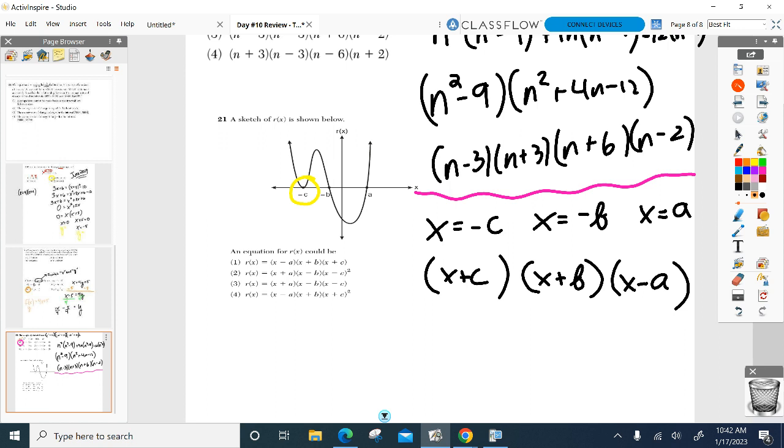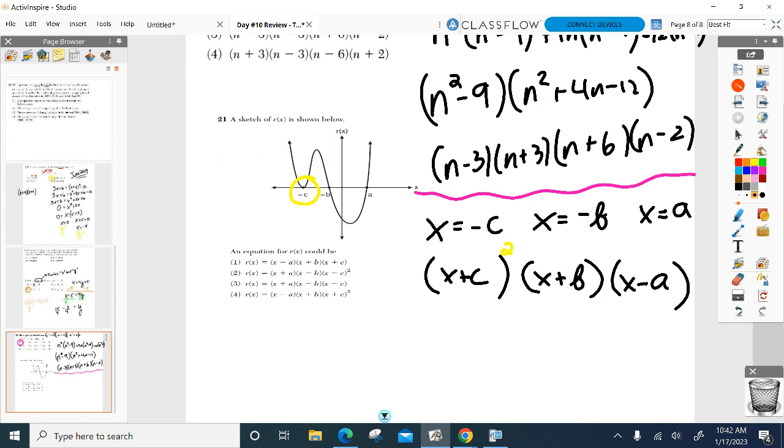So why am I telling you that? If it occurs twice, I'm going to have squared here. When the graph bounces off the x-axis, that answer occurs 2 times. If it just cuts through, then it occurs once. So just a quick review there.